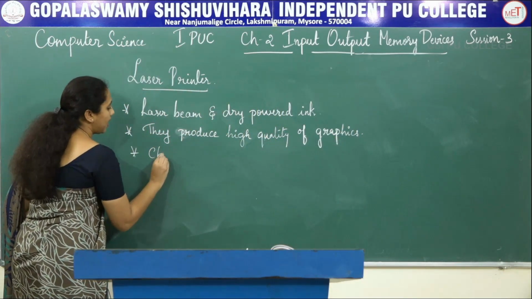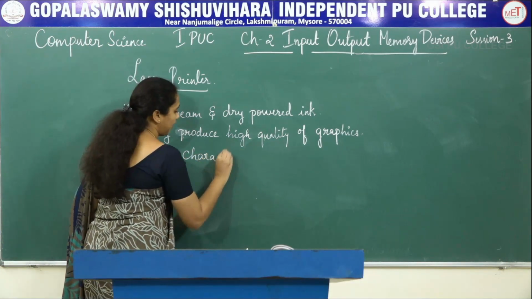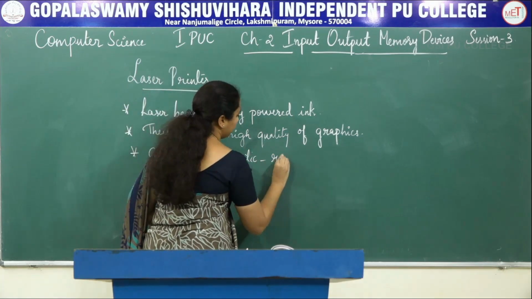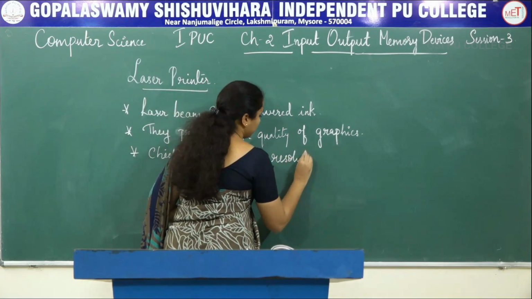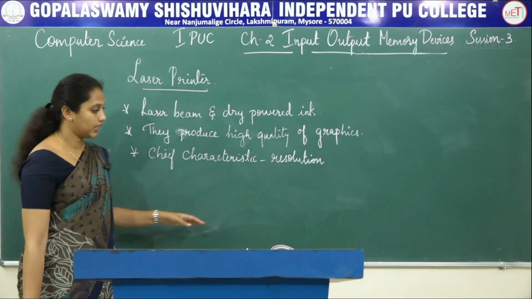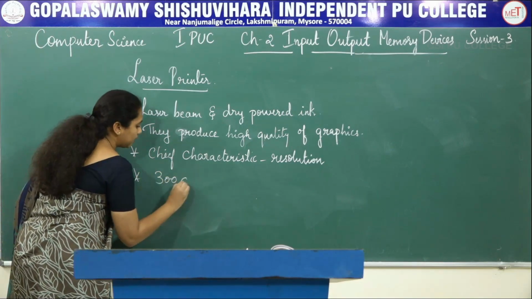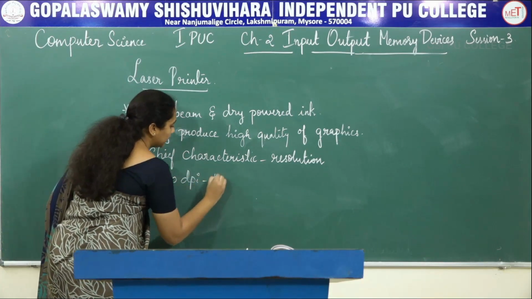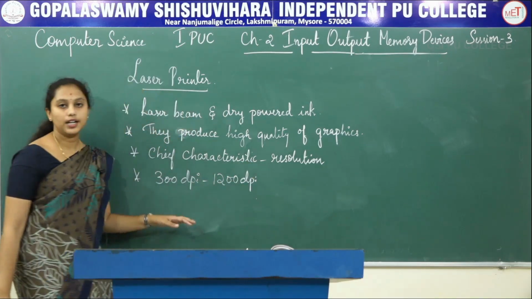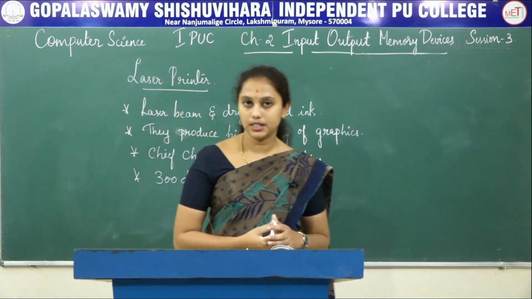What is the chief characteristic of laser printer? Chief characteristic is resolution. How many dots per inch they lay down. And the resolution ranges from 300 dpi to 1200 dpi at the higher end. So this is about the laser printer.